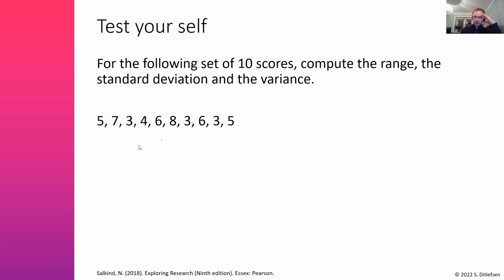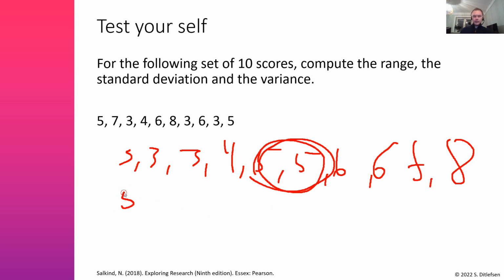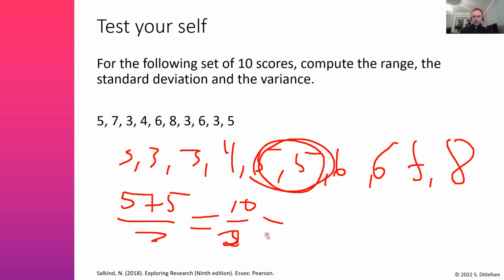So 3, 3, 3, 3, 3, 4, 5, 5, 6, 6, 7, 8, and then we have 5, 5. So the formula was 5 plus 5 divided by 2, so 10 divided by 2, and that is 5. So the range here is 5.